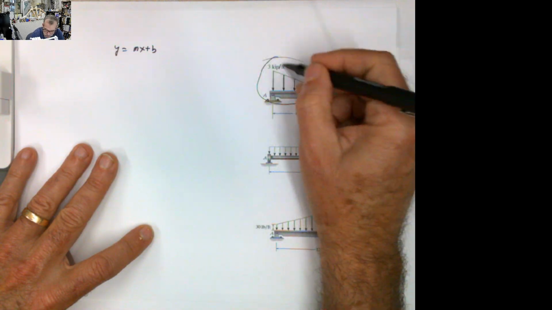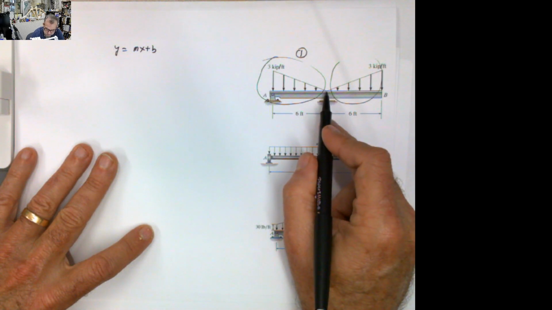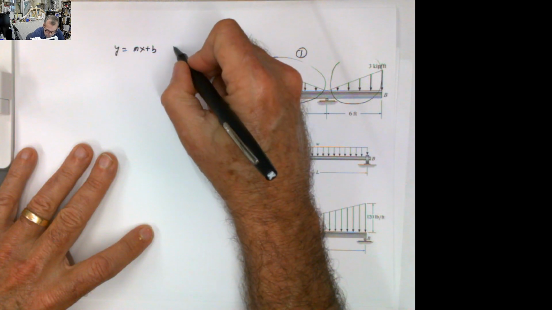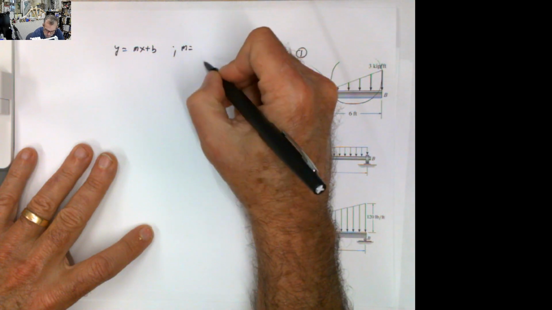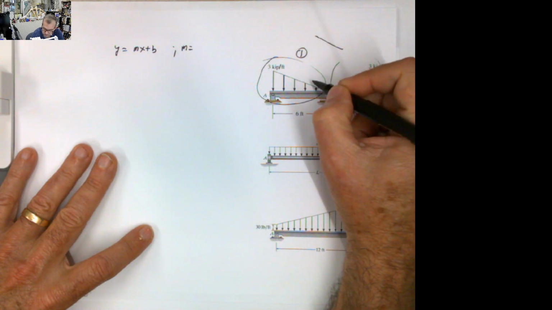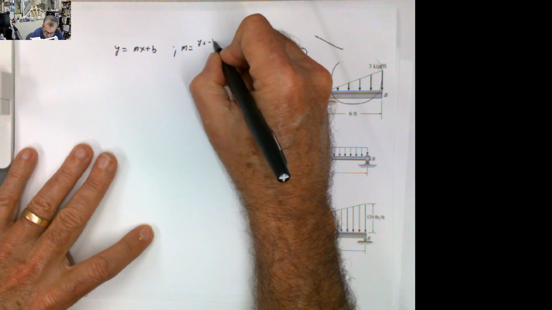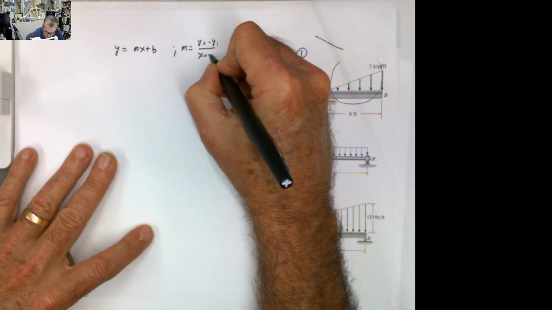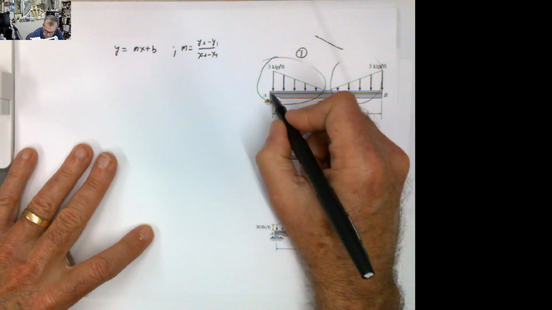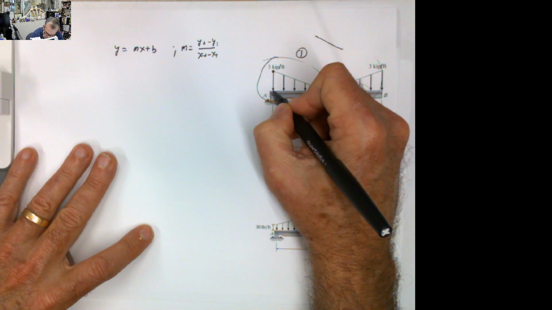Let's say that you want to calculate the first load, this load. The slope is rise over run, but because it's going this way, it's going to be negative. You can also say y2 minus y1 divided by x2 minus x1 if you want to do it like that. Then you check the coordinates of these points.